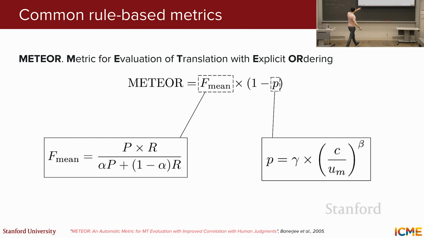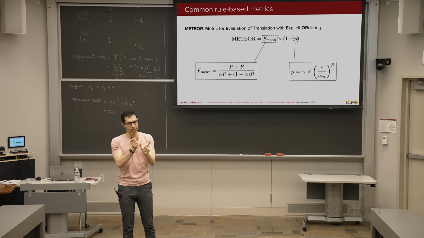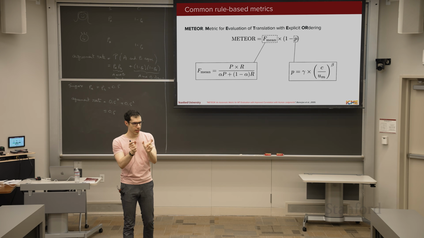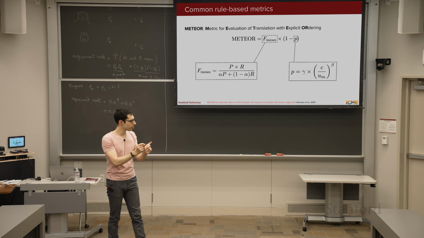It is the f-score times 1 minus the penalty. So the f-score here, you may be familiar with the F1 score. It's like the harmonic mean with equal weights. This one is with variable weights. It is a function of precision and recall, where precision is the proportion of the unigrams in your predicted sequence that are matching with the reference.